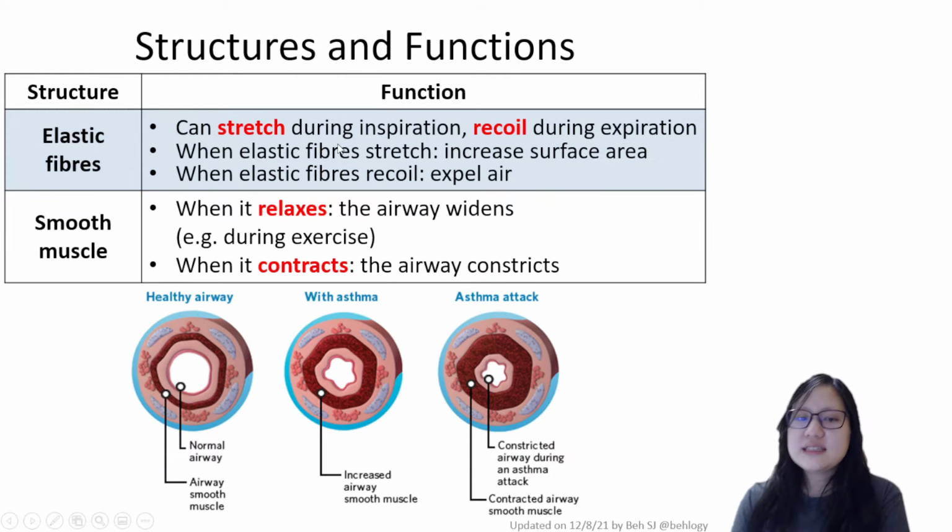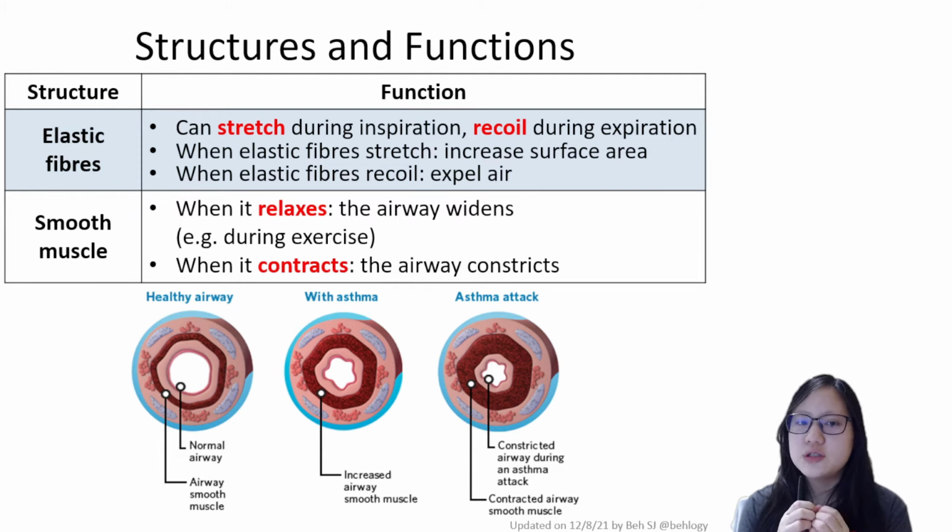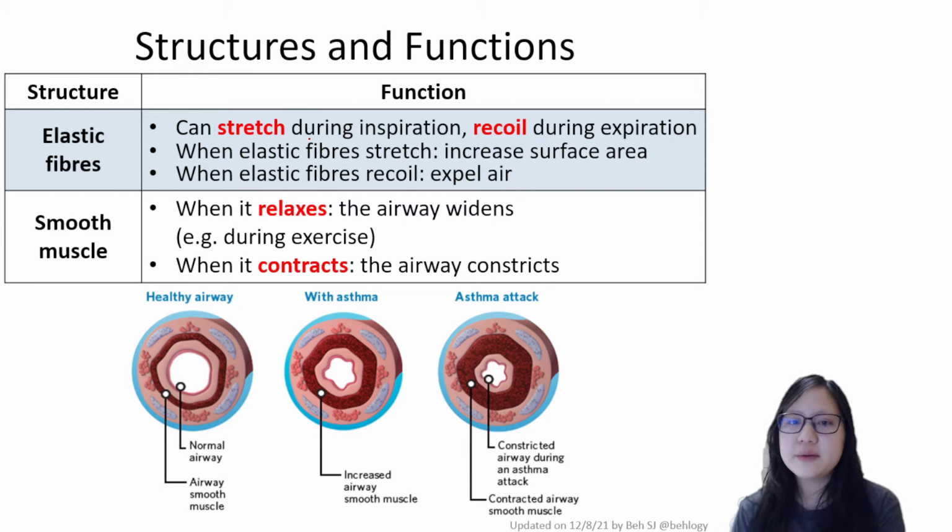Now, what about elastic fibers, which are found in the submucosal layer, and smooth muscle? What are they for? When we talk about elastic fibers and smooth muscles, we must be very careful with the terminology, just like when we talk about blood vessels. Elastic fibers can stretch and recoil. During inspiration, when you inhale, it stretches, and when you exhale, it recoils.